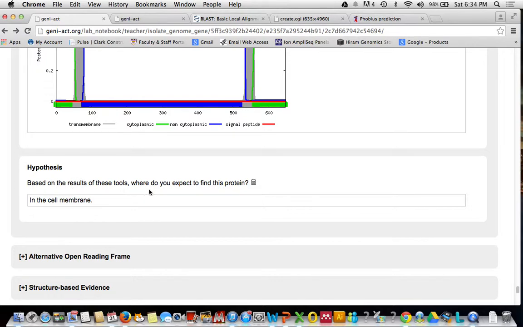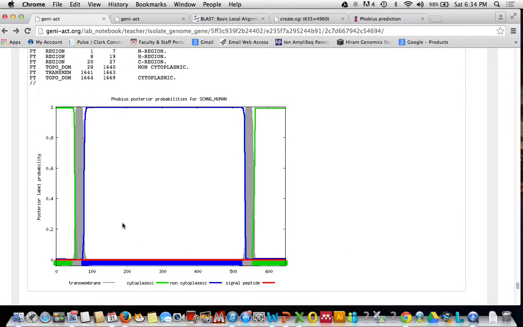Based on the results of these tools, where do you expect to find the protein? My hypothesis is that this protein is located in the cellular membrane. It is probably a membrane protein because it contains transmembrane helices.